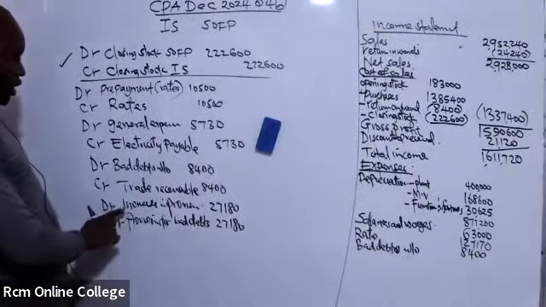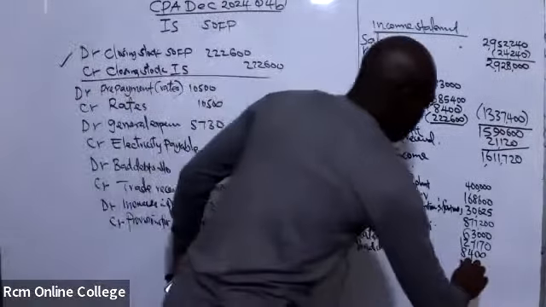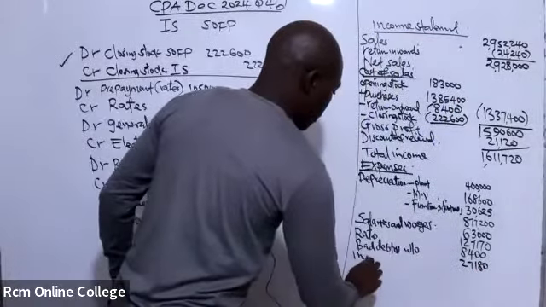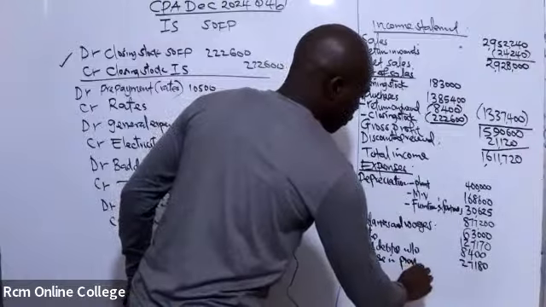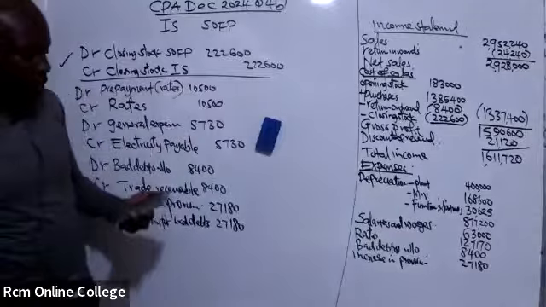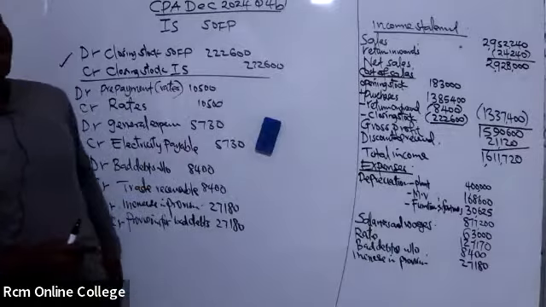Then we also add increase in provision and an expense, 27,180. Increase in provision. Right? 27,180. Good.